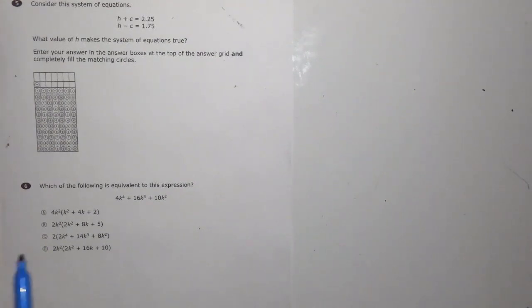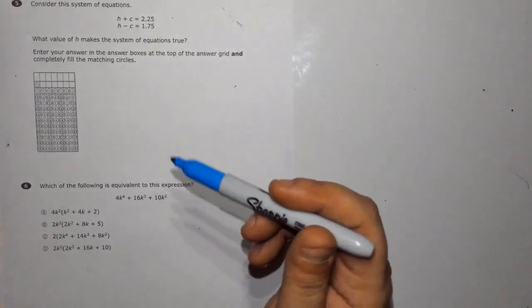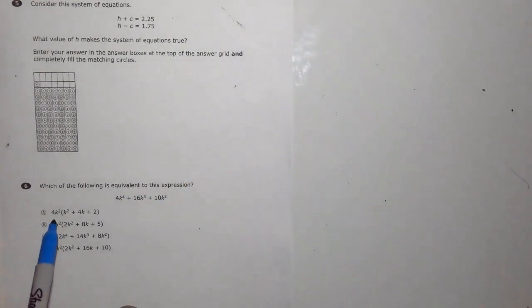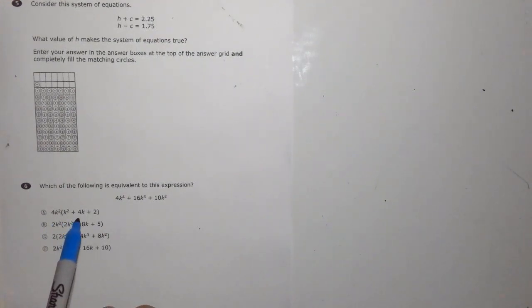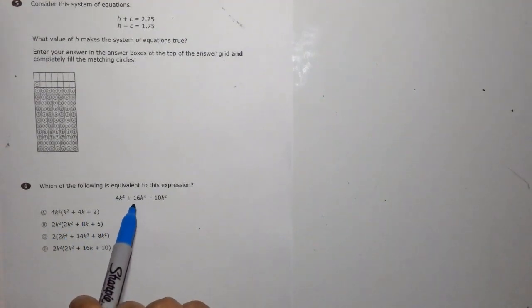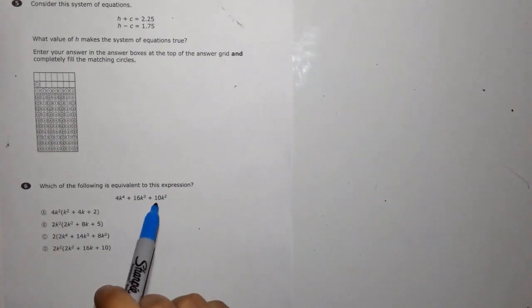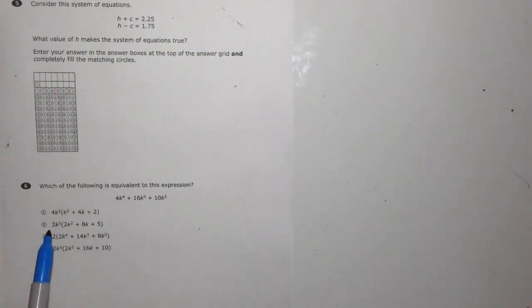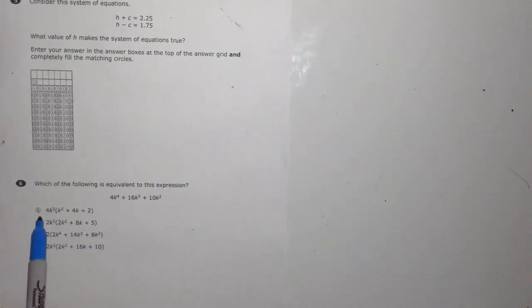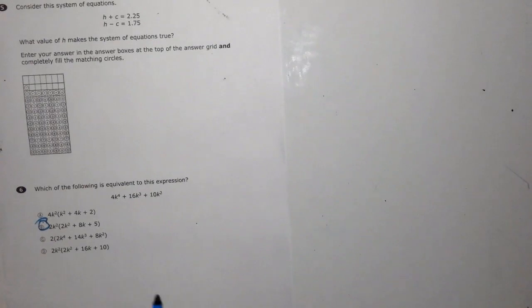Before it was distributed, so I've got to undistribute these things. 4k squared times k squared would give me 4k to the fourth, and 4k squared times 4k would give me 16k to the third. 4k squared times 2 would give me 8, but this one is 10, so it's not going to work. 2 times 2 is 4k to the fourth, yep. 16k to the third, k squared, yep. And 10. That is the correct answer.